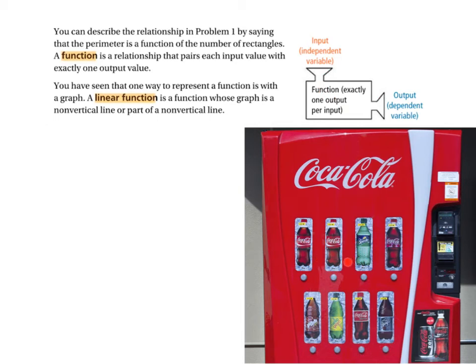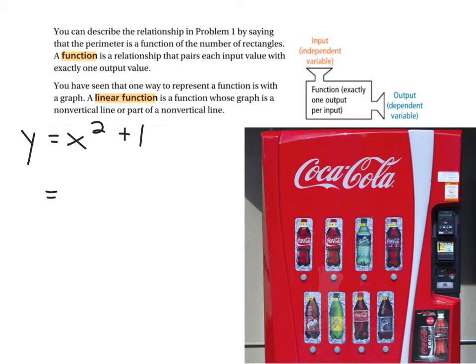That's not a problem. The problem is if you push this button and you don't know whether you're going to get a Coke from that button or something else. You need to be able to guarantee that that input is going to result in the output that you expect, or just one output. So here's my mathematical relationship for that. Y equals x squared plus 1. Okay.